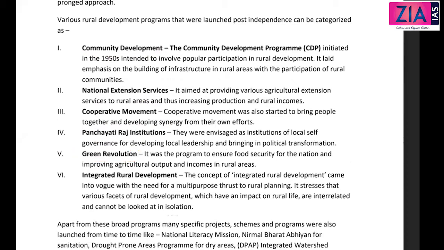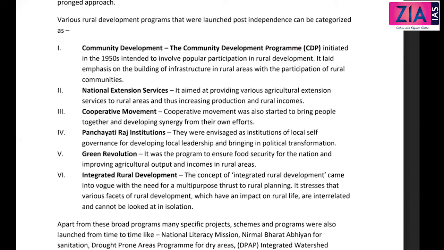Okay. So, community development program. Community development program is all about participation of the community. Okay. So, initiated in 1950, intended to involve popular participation in rural development. It laid emphasis on building the infrastructure in rural areas with the participation of the rural community. Even the idea of Mahatma Gandhi, right?